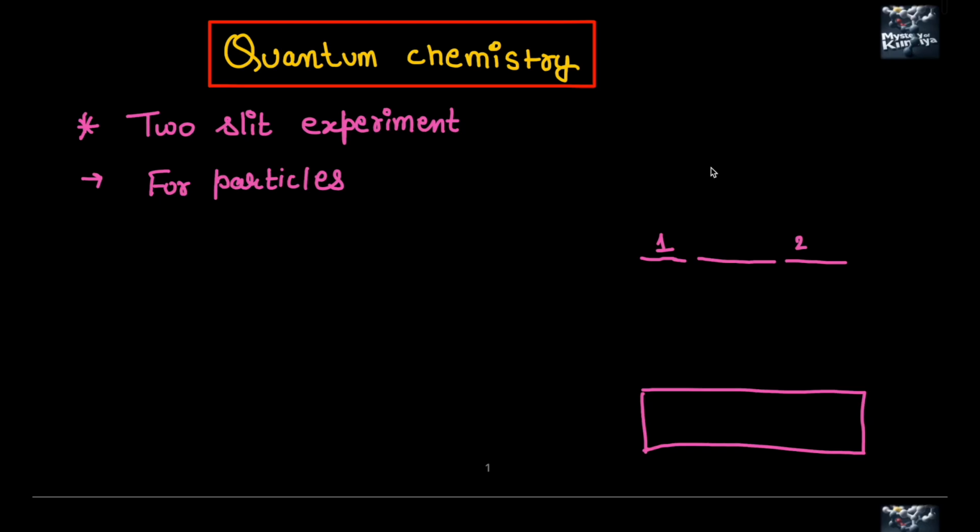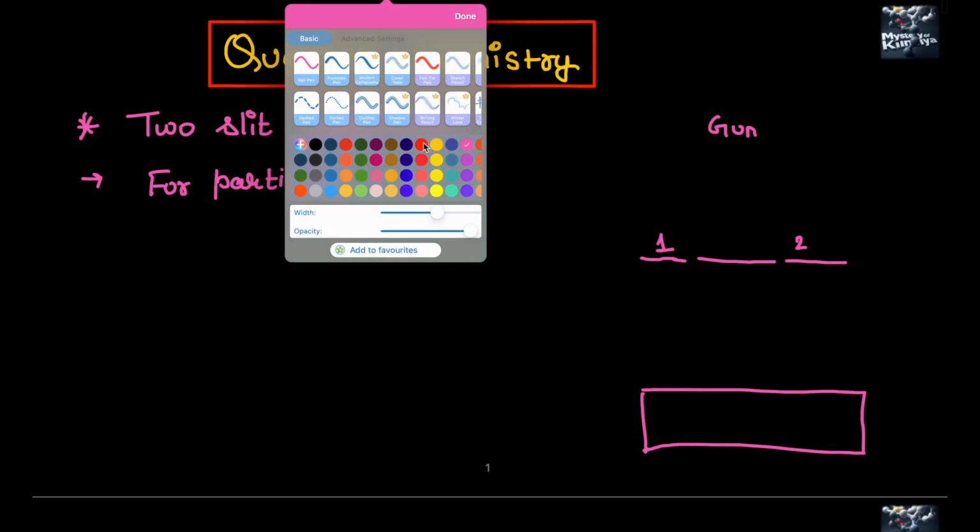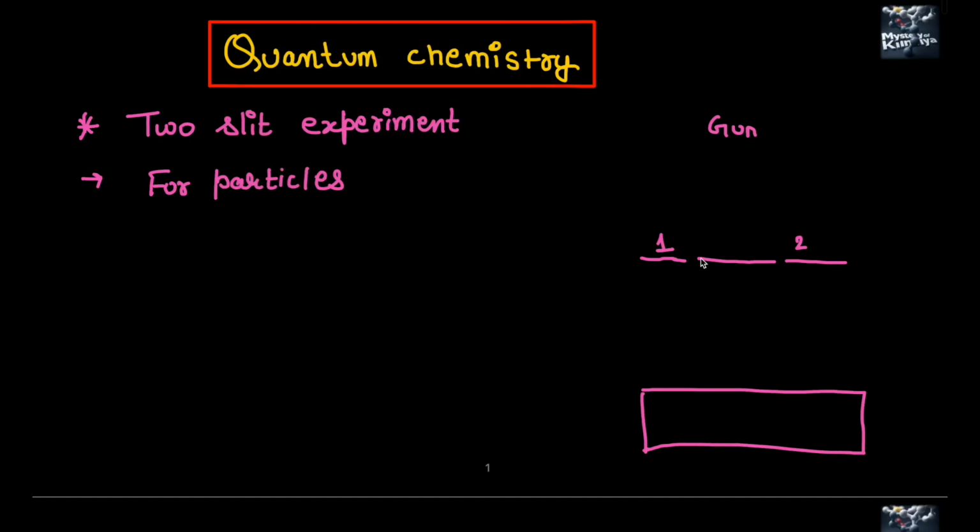As a particle source we are using a gun firing bullets. Let's suppose only slit 1 is open but slit 2 is closed, so we can even count each bullet that comes from this gun.